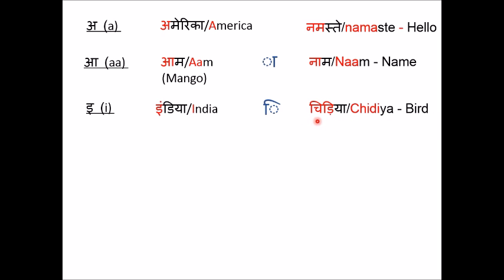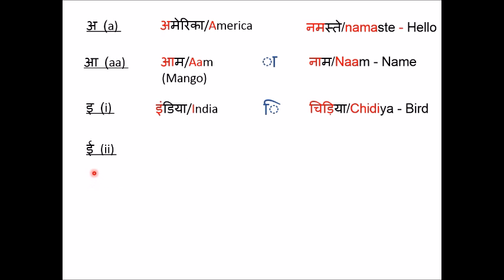As you can see, in the letters cha and da, we have added i on the left side of the consonant, which then becomes chi and di. So chidiya. i can be added to the consonant by adding this symbol on the left side of the consonant.